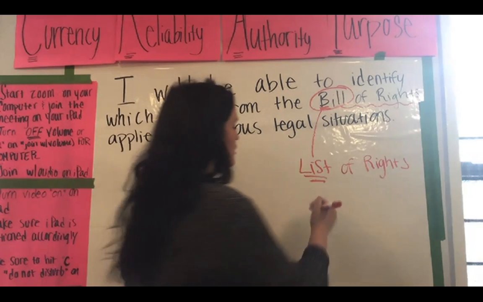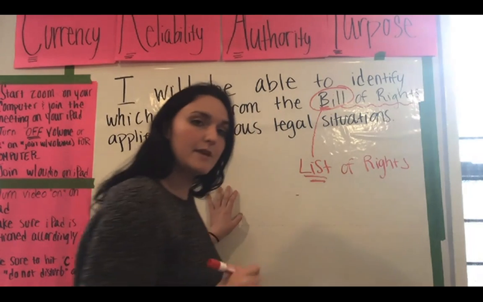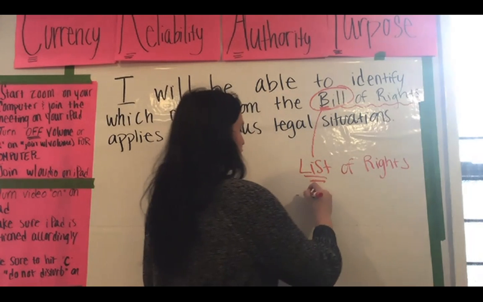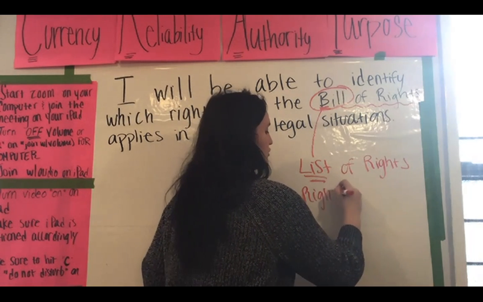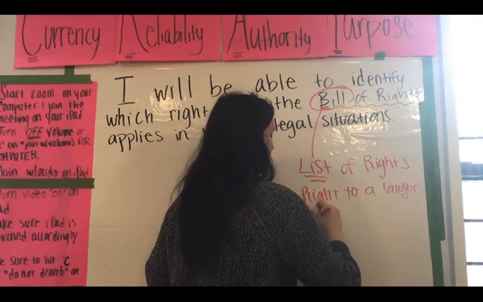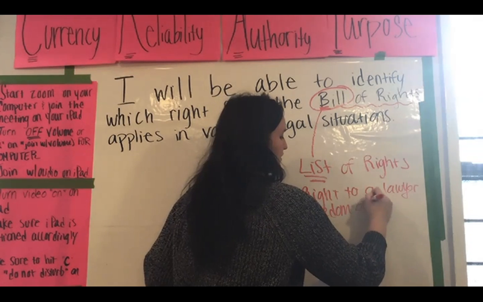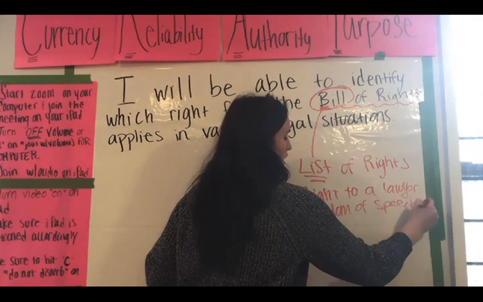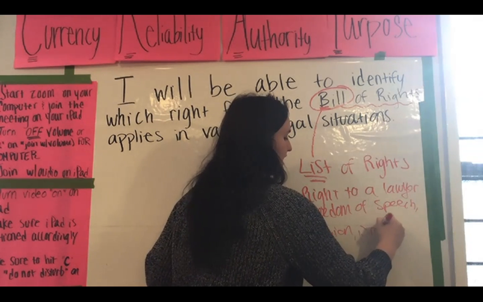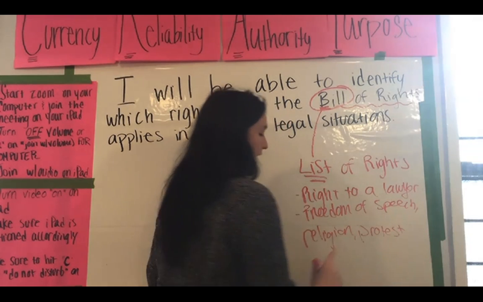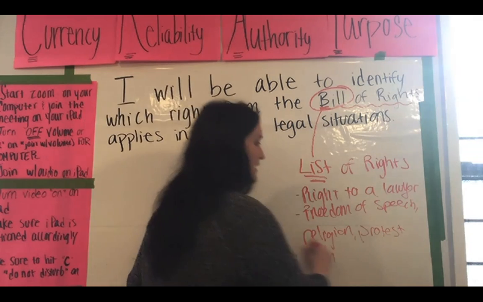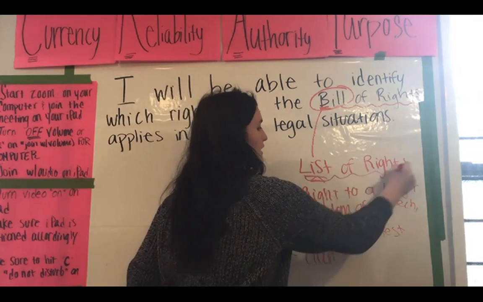Some of those rights include, and I know that I'm going to see people in the chat put these rights in there, the right to a lawyer, freedom of speech, of religion, freedom to protest, and the right, and this one was controversial for a lot of us yesterday, but the right to own a gun is actually in the Bill of Rights.